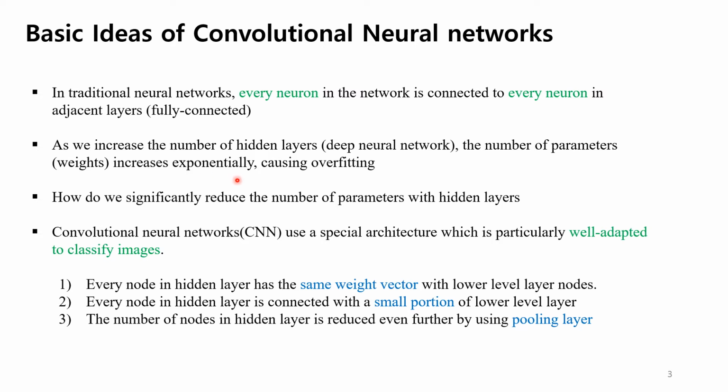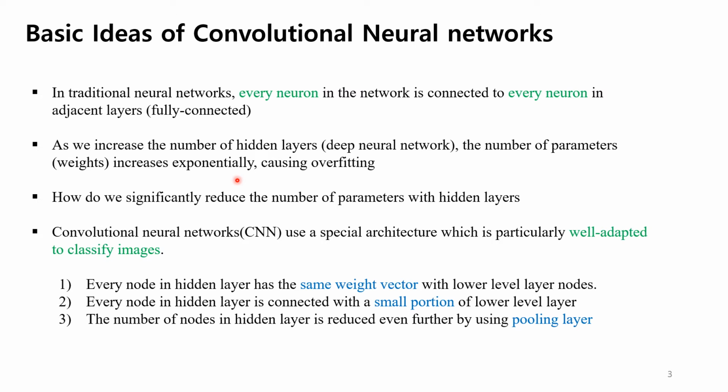So let's say you add a few hidden layers there, then the number of parameters, basically the number of weights, actually increases exponentially. Actually, it's out of hand. And it definitely causes an overfitting problem. So that's another problem of the traditional neural net.